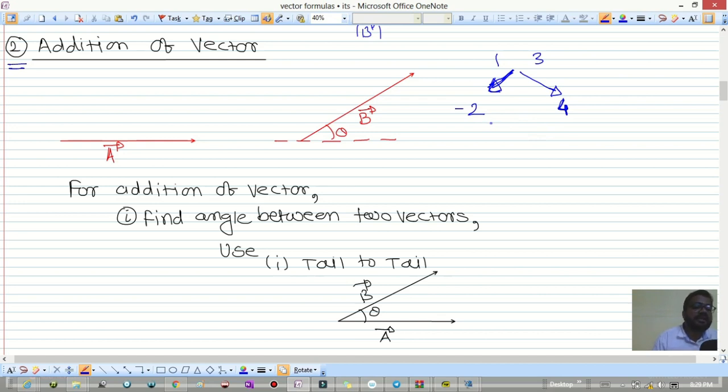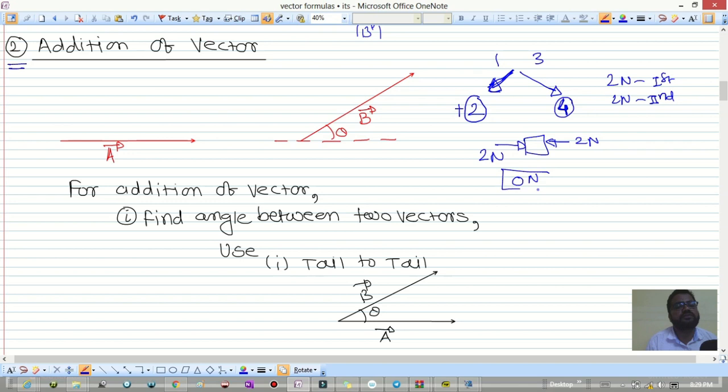That means it might be possible that by using these two forces we can have 2 units of force or 4 units of force. Let us consider you have 2 Newton of first force and 2 Newton of second force. If I apply 2 Newton of force in this direction, and 2 Newton of force in this direction, I will have 0 Newton of resultant.